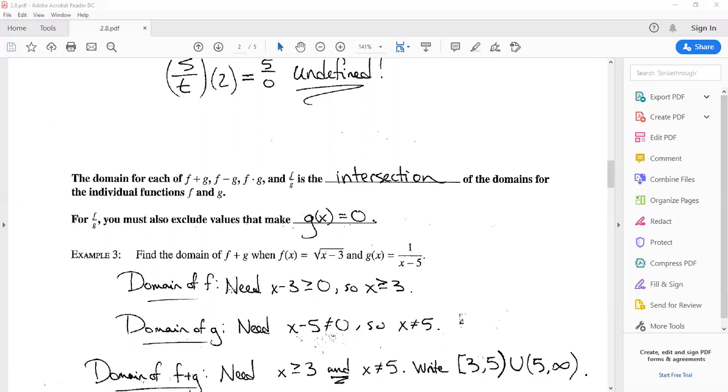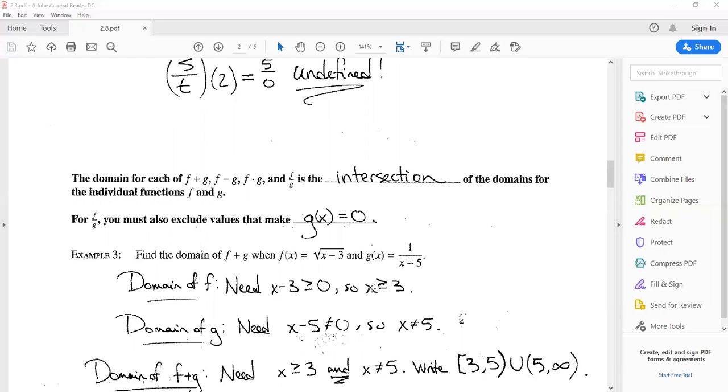OK. How about the domain of g, though? It looks like there's maybe one x value that's no good for g of x. We cannot have the bottom equal to 0, so we cannot have x equal to 5. OK, so this is one other x value that we need to exclude from the domain of f plus g.